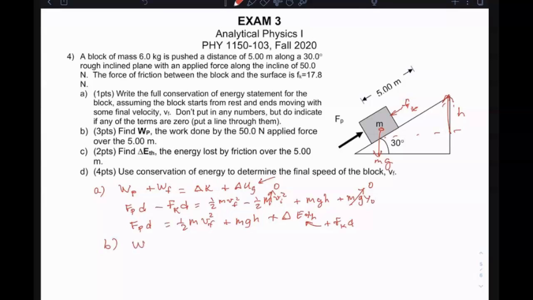So that's just simply the dot product of the pushing force with the displacement, which is then simply 50 newtons times the displacement, 5.00 meters, which is equal to 250 newtons. That's part B.